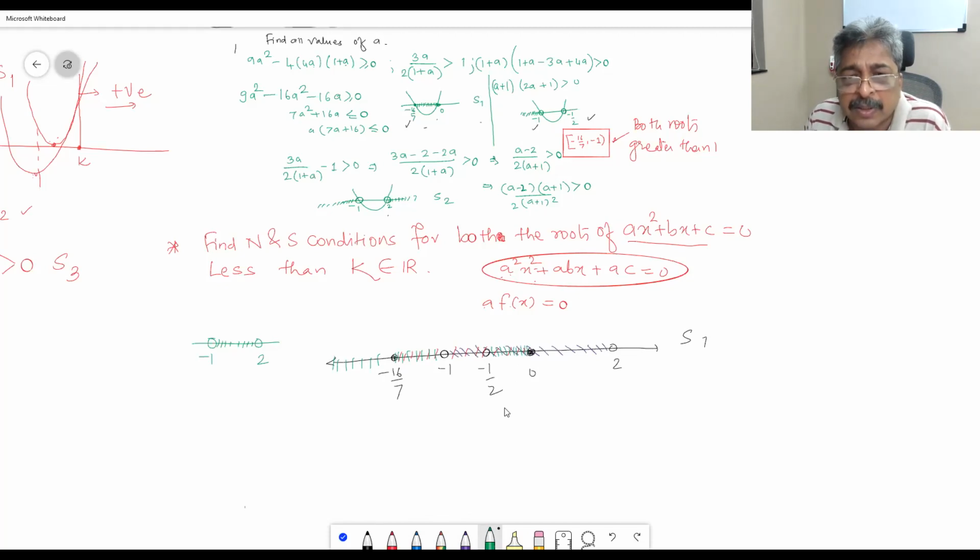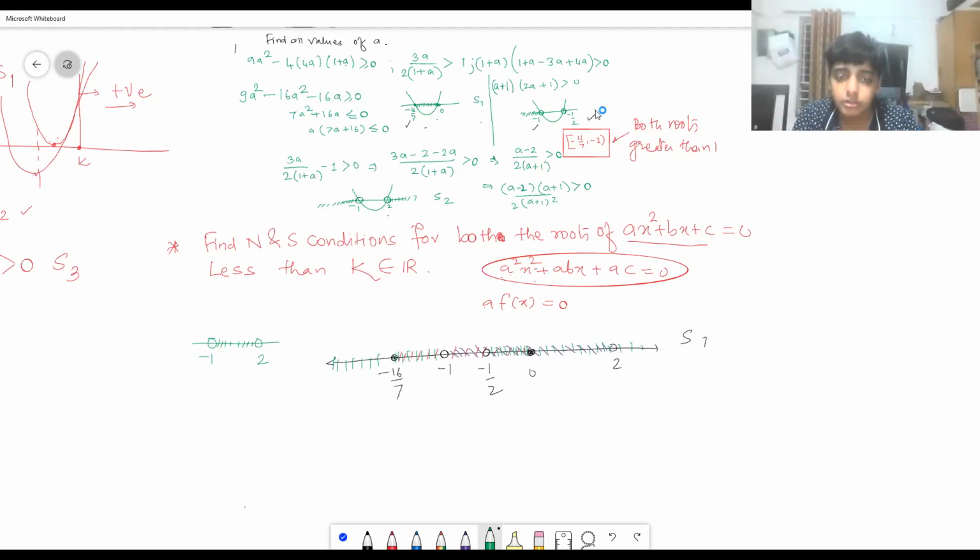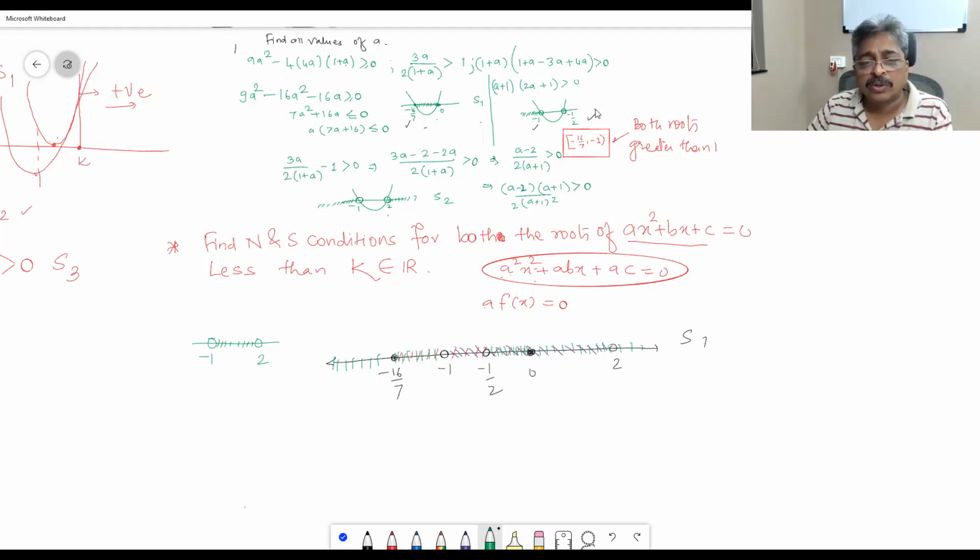Is that correct? Yes or no? This is our S3. So the region where I have red, violet and green, the answer should be -half to 0. You have shown me -half to -1.